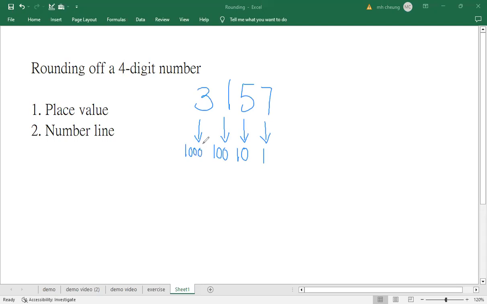Okay, and then the second basic technique is you should be able to locate a number on a number line. If we have a number line from 0 to 100, can you roughly put a number 80 on the number line?